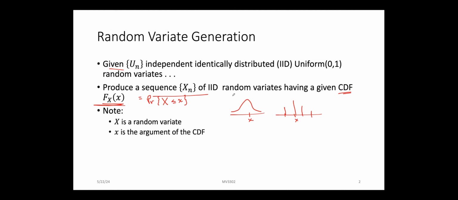Supposing my random variable is the amount of rainfall that falls on Watkins Hall in every 24-hour period on any given day. Now first, is that going to be random, or is that going to be a constant?